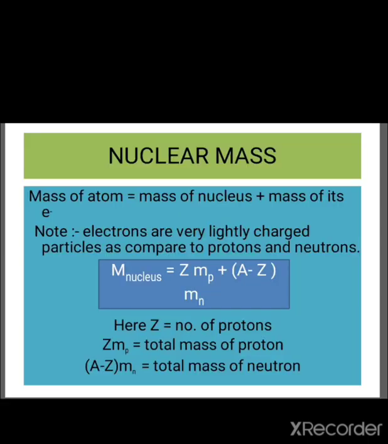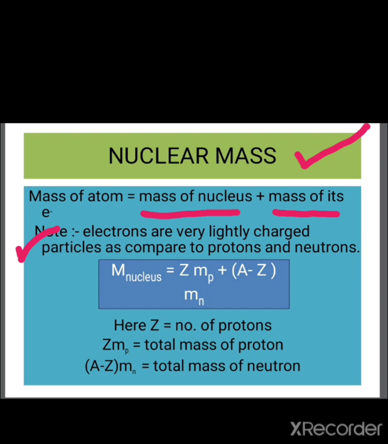Now we will study about our next property of nuclei, that is nuclear mass. We know that mass of any atom is equal to mass of nucleus plus mass of its electrons. And here we can note that electrons are very light particles as compared to protons and neutrons.